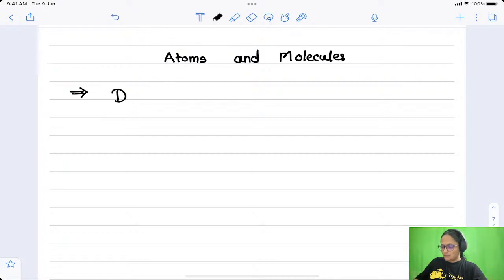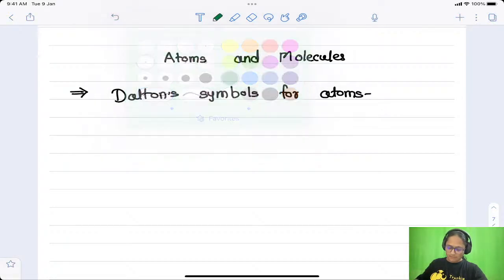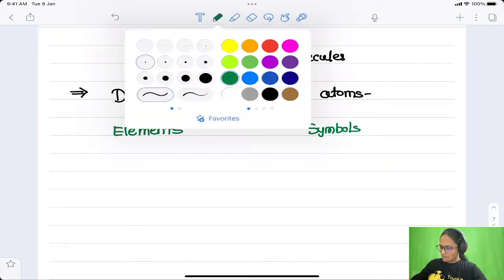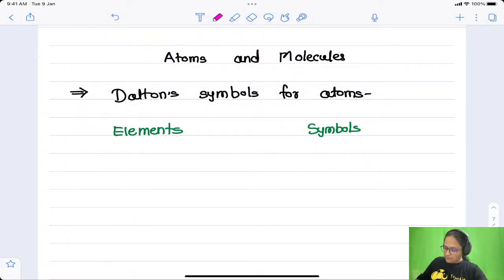So we are going to discuss atoms today. Okay, so let us start with the first.